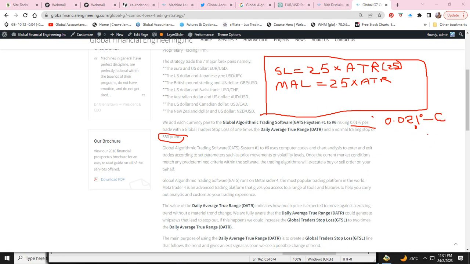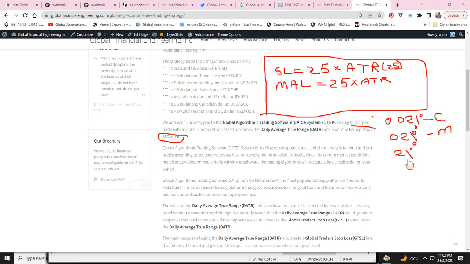But for the moderate, we're going to multiply the conservative by 10, so with a risk of 0.2%. For the aggressive, we will go up to 2%.